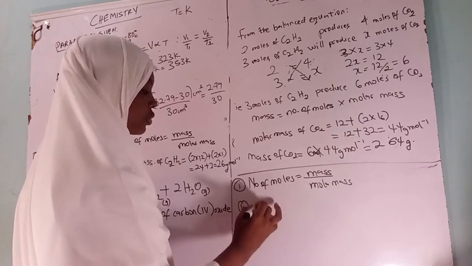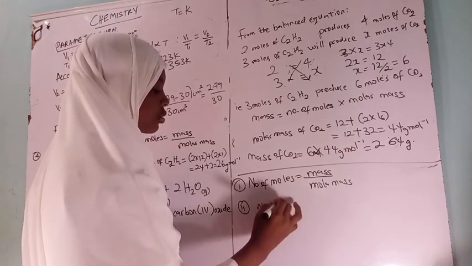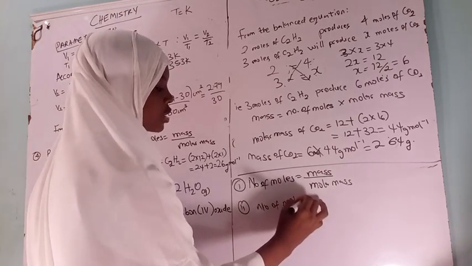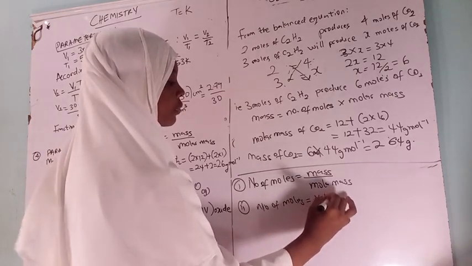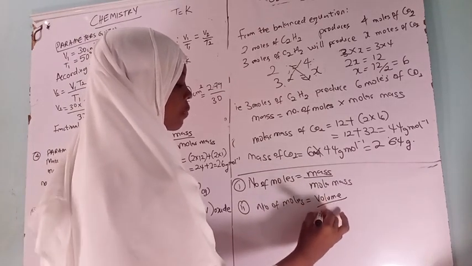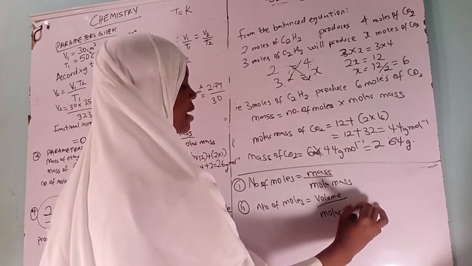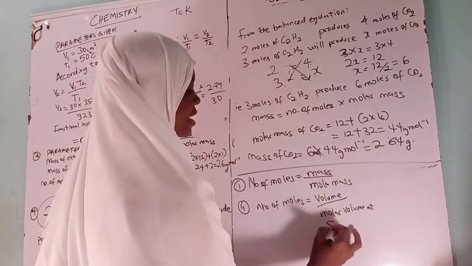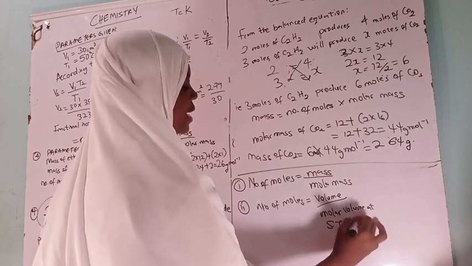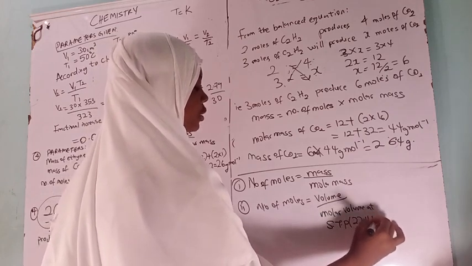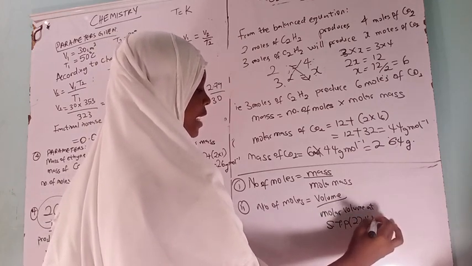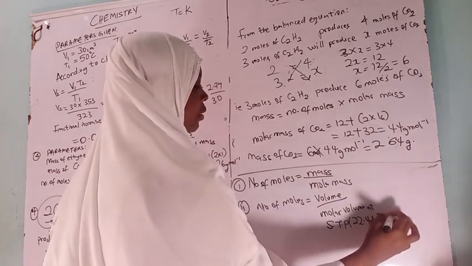Number 2, number of moles equals volume over molar volume at STP. That is 22.4 dm cube per mole.